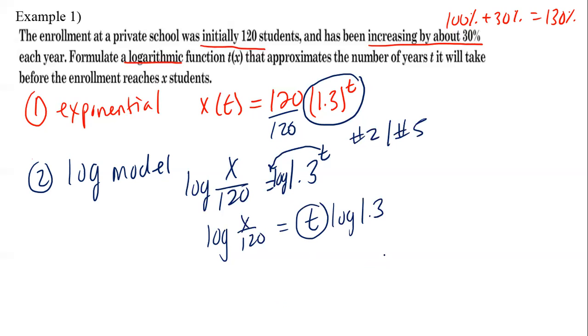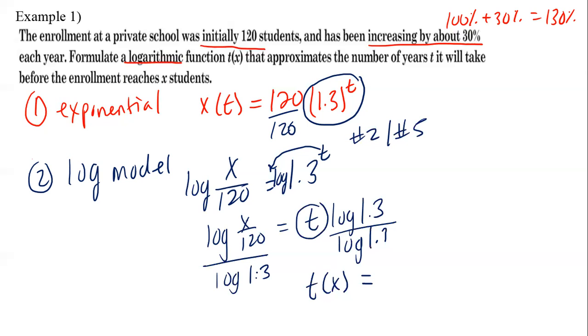So what would I need to do to get t by itself? This is multiplication, and the opposite of multiplication is divide. So divide by log 1.3. So now t is by itself. So our log model is t of x equals, what does division mean for logs?